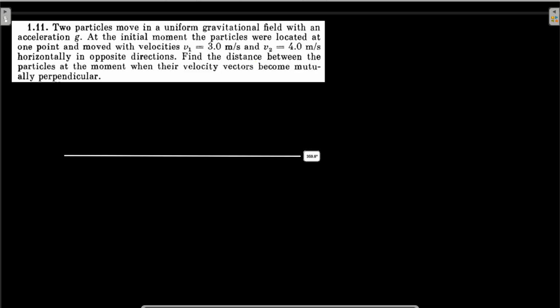Consider this a horizontal thing. At some point, one starts towards one end with this velocity. The other one starts with some greater velocity on the other side, like this.